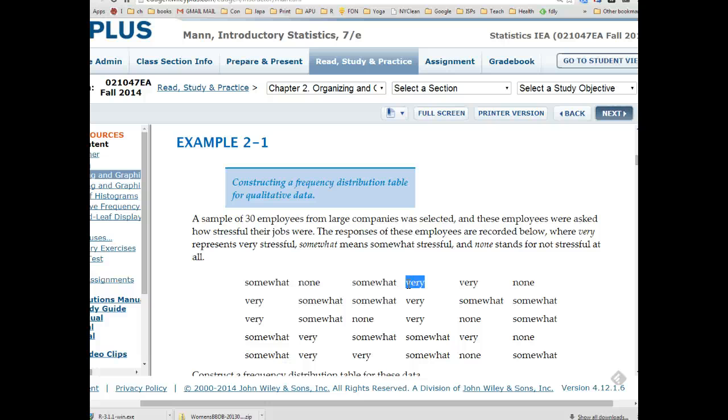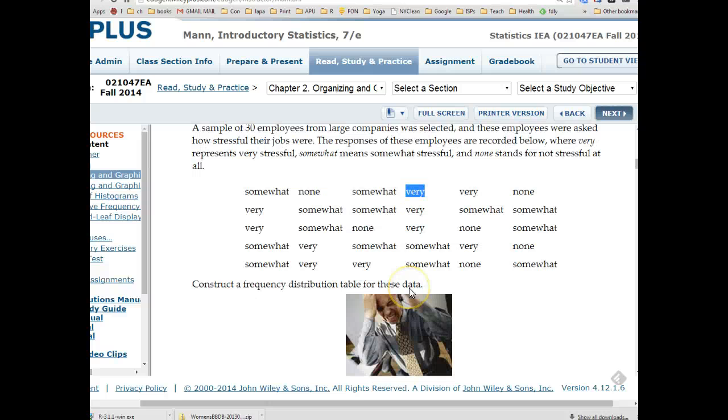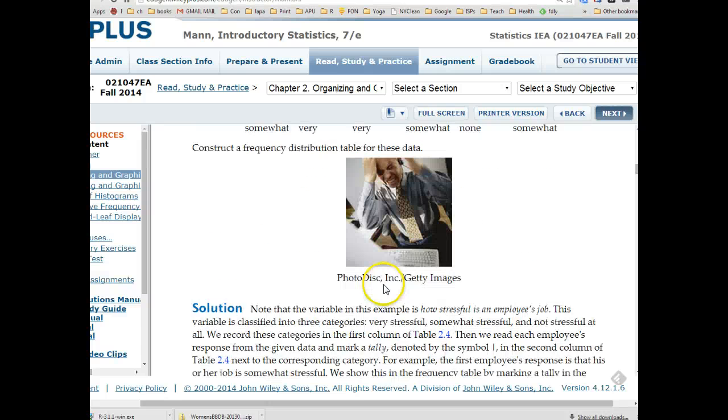And what are the values that this data can take? Somewhat, none, very, anything else? No, just somewhat, none, very. And in R, what do they call the values? Levels. So there are 3 levels for this factor. Okay, understand that for R? Anyway, they're not doing R in this book.